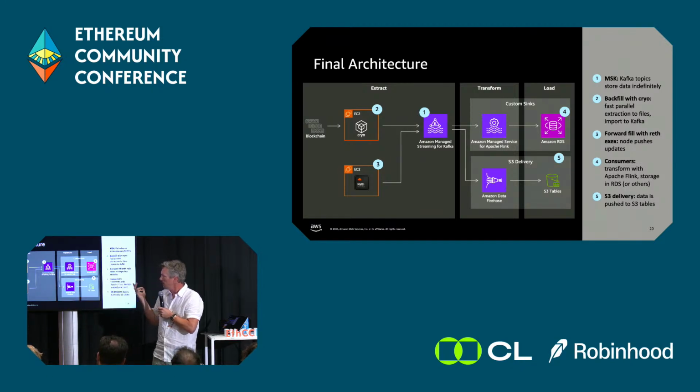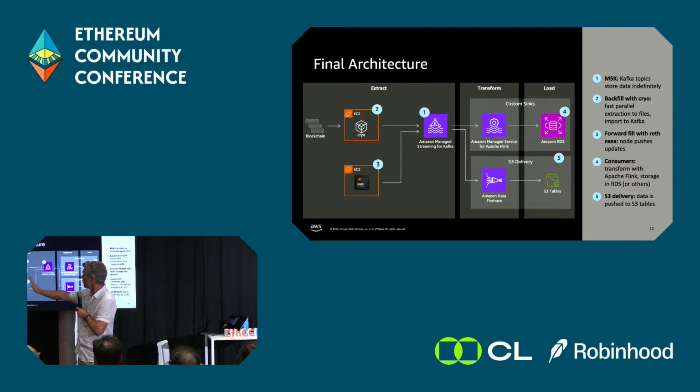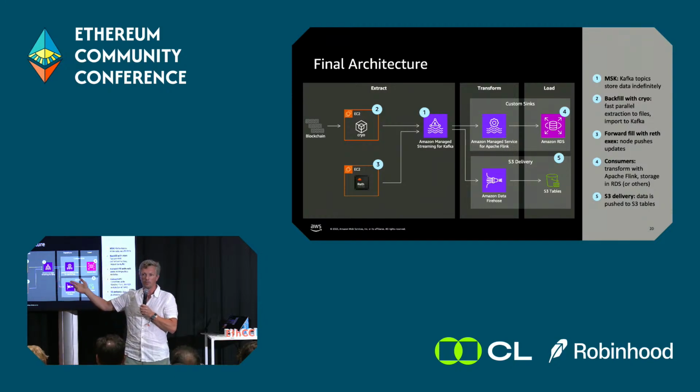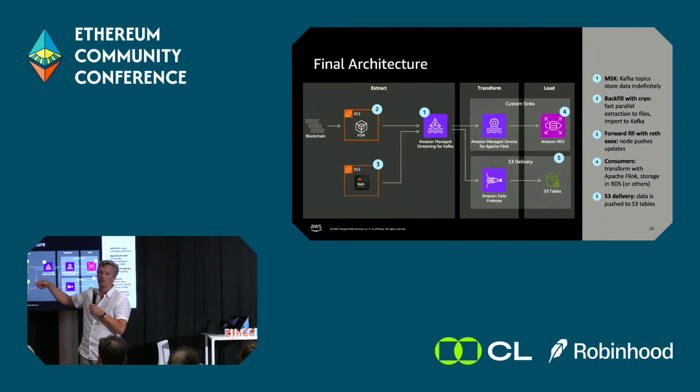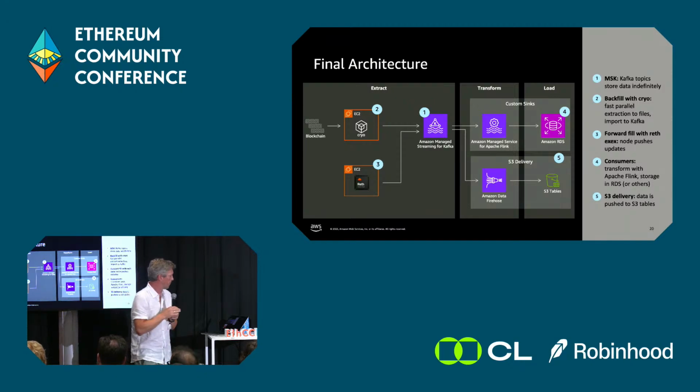But the important thing, of course, is that we've really separated extraction from transformation, because the extraction takes a long time to do. Transformation is much, much quicker. So we can add new transformations without doing the whole extraction every single time. That's the really nice property of this whole thing.